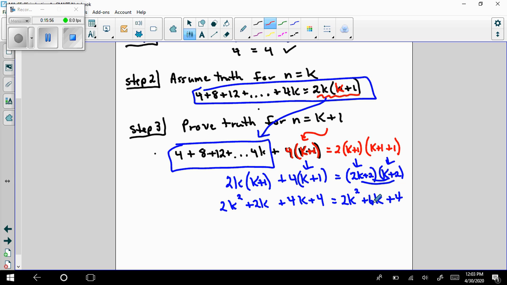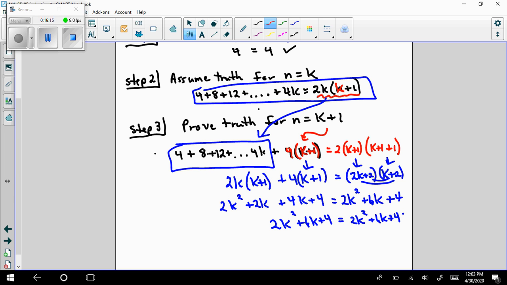This is the fun part, because it's just algebra. So I get 2k squared, I can put these two together and get plus 6k plus 4, equals 2k squared plus 6k plus 4.